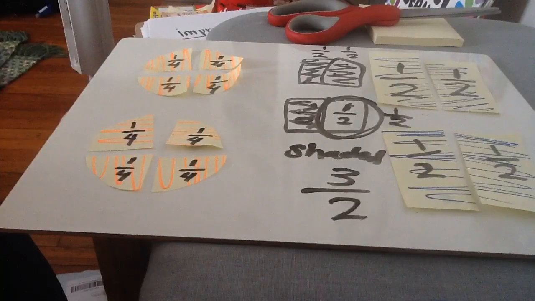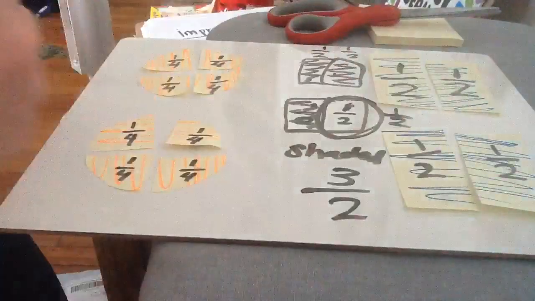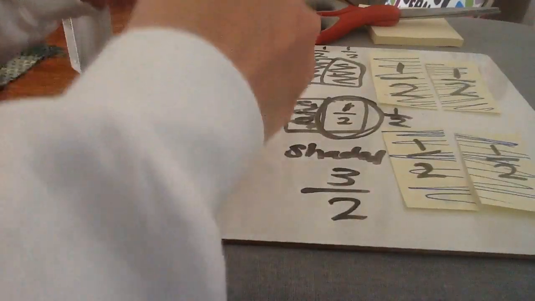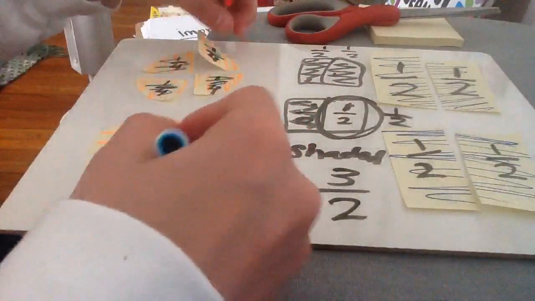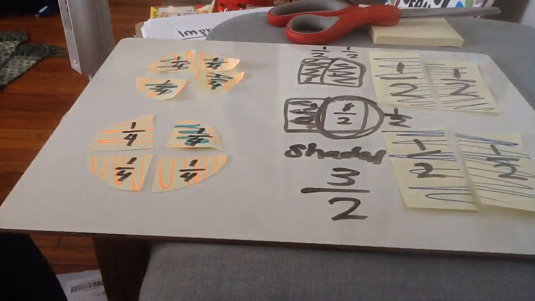Now, if I color 1, 2, 3, 4, 5 of these fourths, what fraction is colored or shaded?